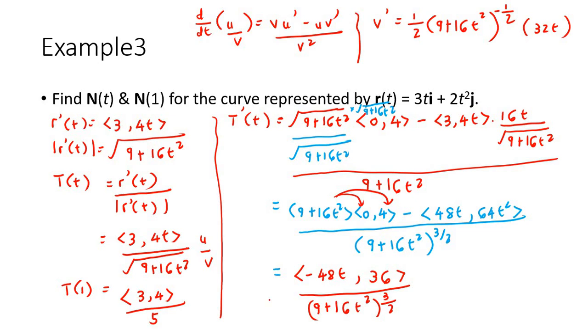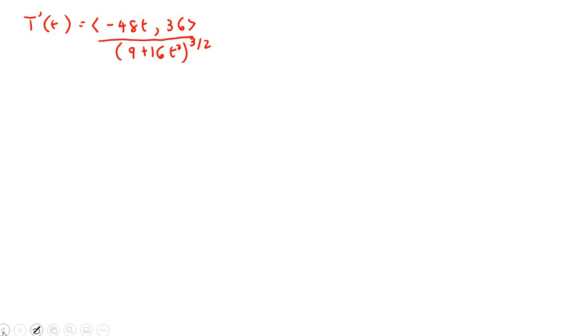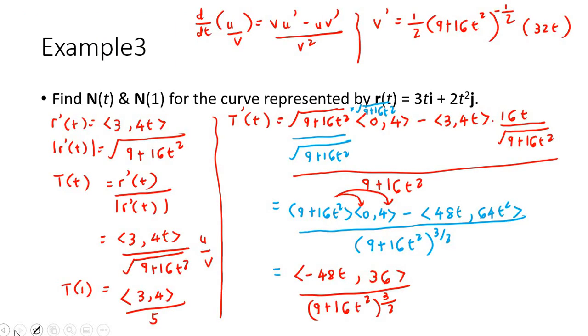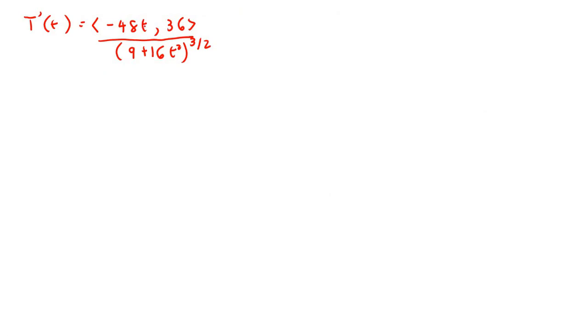Okay, so you have to find the magnitude of T prime of t. We go to the new page. Again, T prime of t is negative 48ti plus 36j divided by 9 plus 16t squared power 3 over 2.